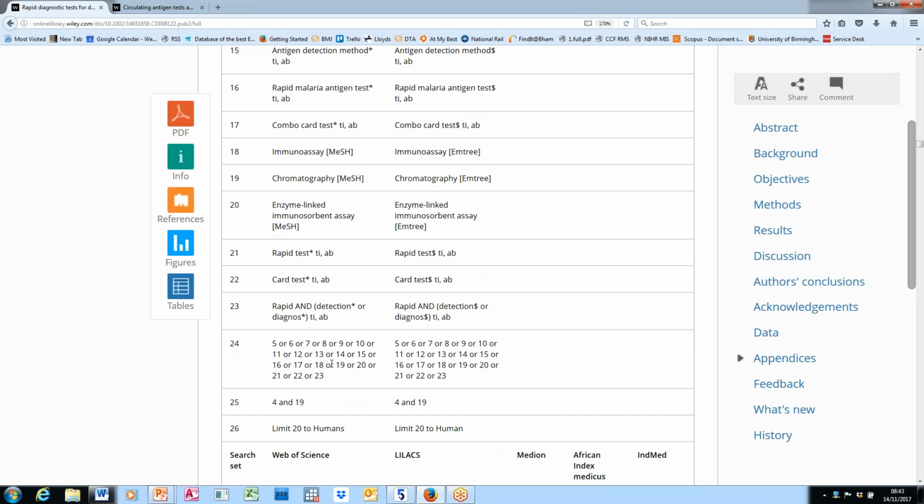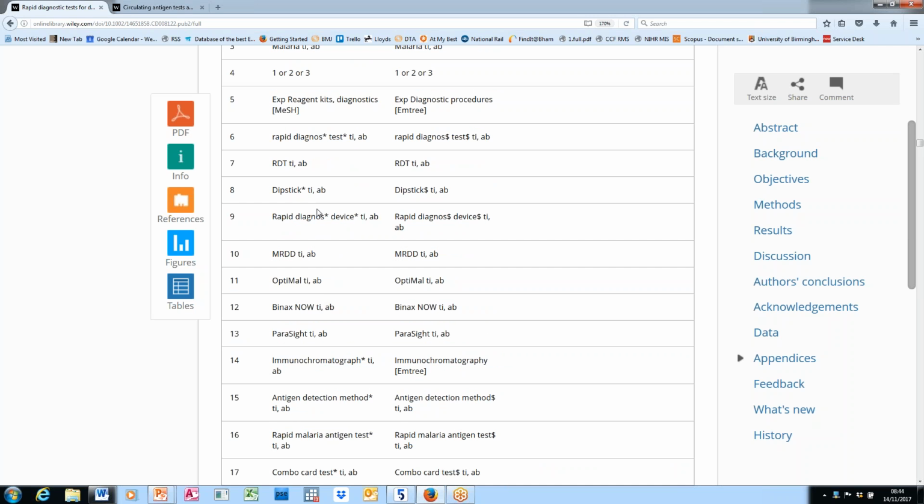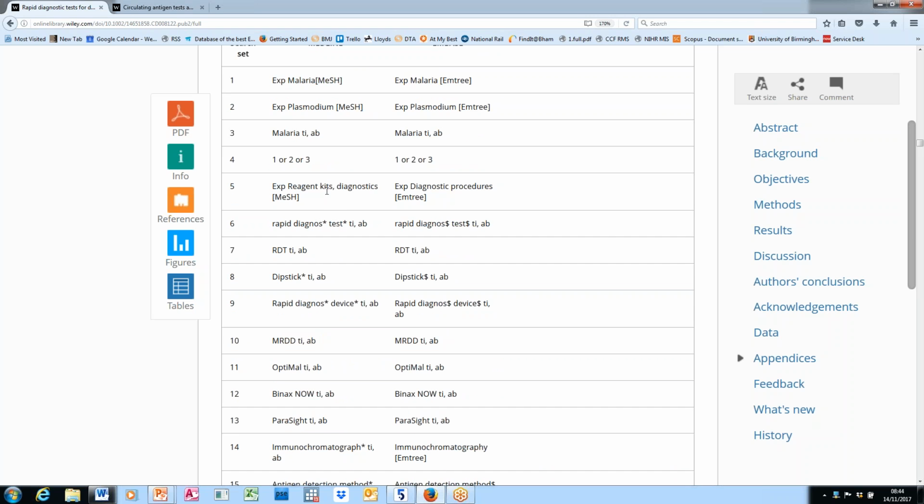So from line 5 down to line 24 is a search string for tests. And then line 25 combines the two, saying an eligible study has to be about malaria and has to be about one of these tests. And then it gets limited to humans, and that's the complete search string here. So it's quite a simple search, but thinking through what all of these options are is where we're going to have benefit from talking to an expert about study indexing.